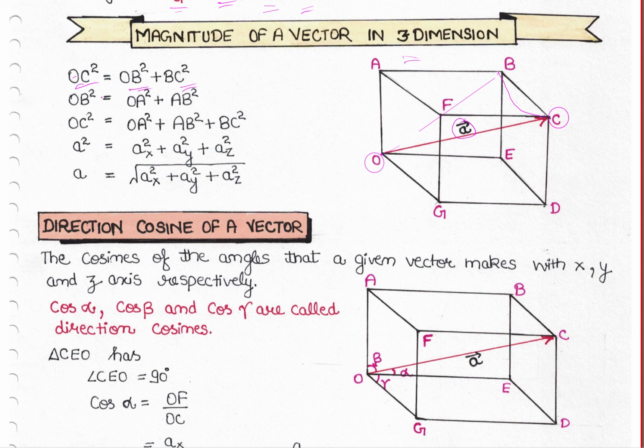Now OB square is equal to OA square plus AB square. Finally, OC square is equal to OA square plus AB square plus BC square, or A square is equal to AX square plus AY square plus AZ square, or magnitude of A is equal to square root of AX square plus AY square plus AZ square.